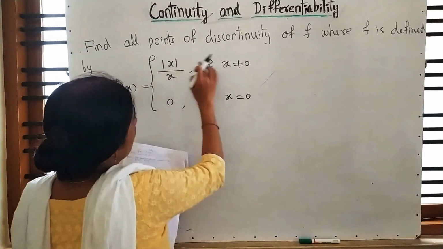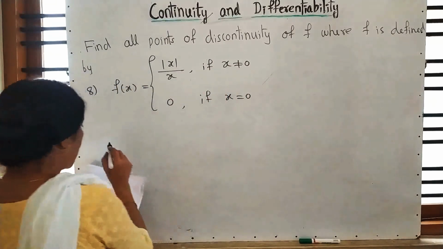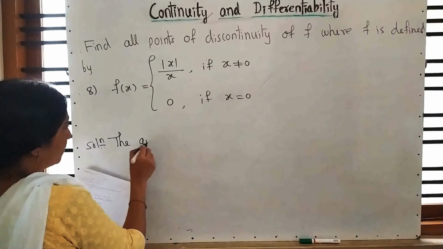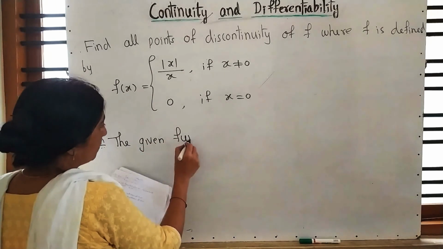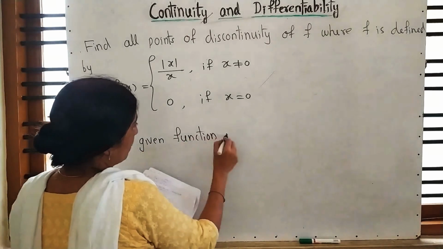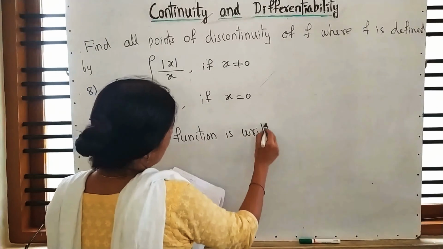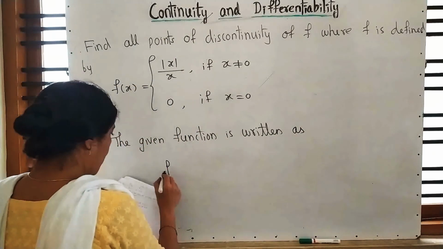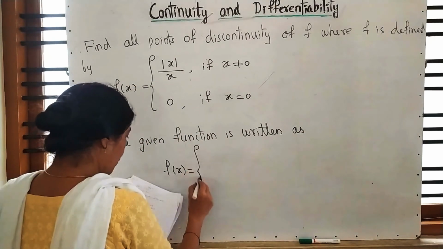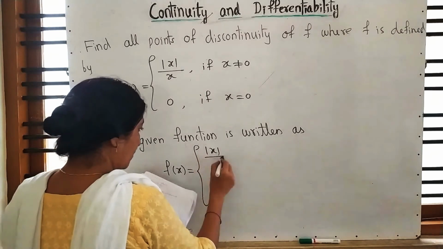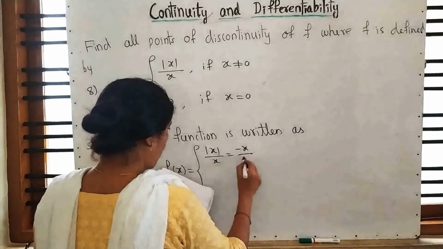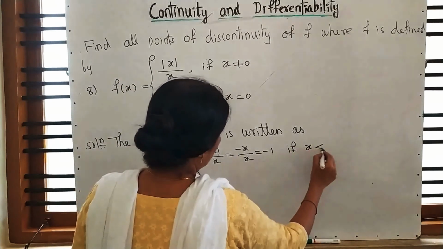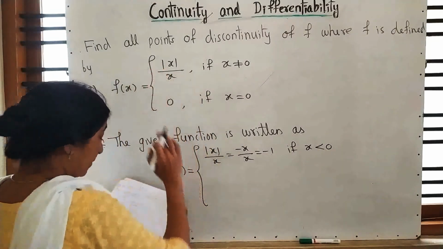See, if mod is given and it is defined at x not equal to 0, the given function will be written as f of x is equal to mod x upon x, that is minus x upon x, that is nothing but minus 1 if x is less than 0, because of modulus, remember.